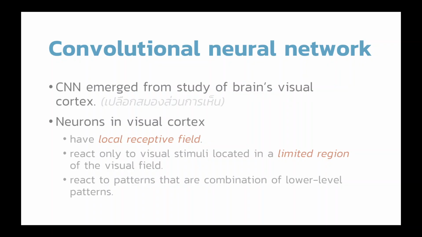The original architecture of CNN emerged from the study of the brain's visual cortex. In the visual cortex, something quite important is called the local receptive field. This word is a keyword: local.